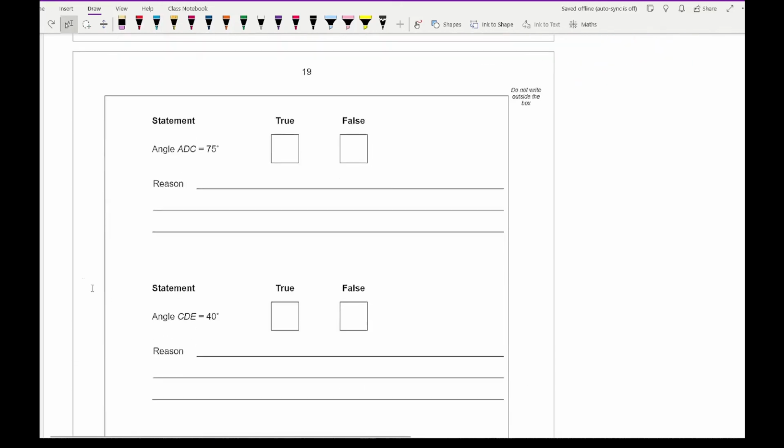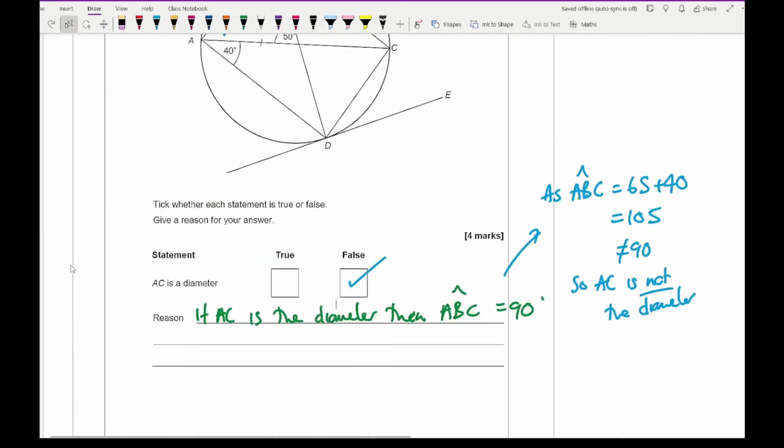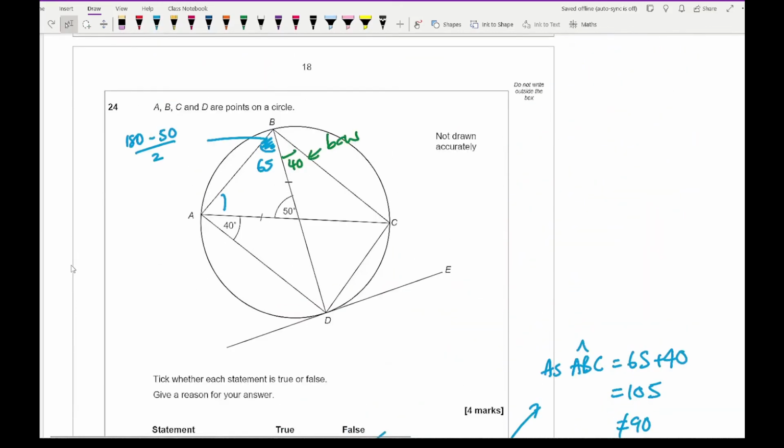The next question then says angle ADC is 75. So let's have a look at what angle ADC is. So ADC, it's this angle here we need to find. If I just write B here, opposite angles in a cyclic quadrilateral add up to 180.